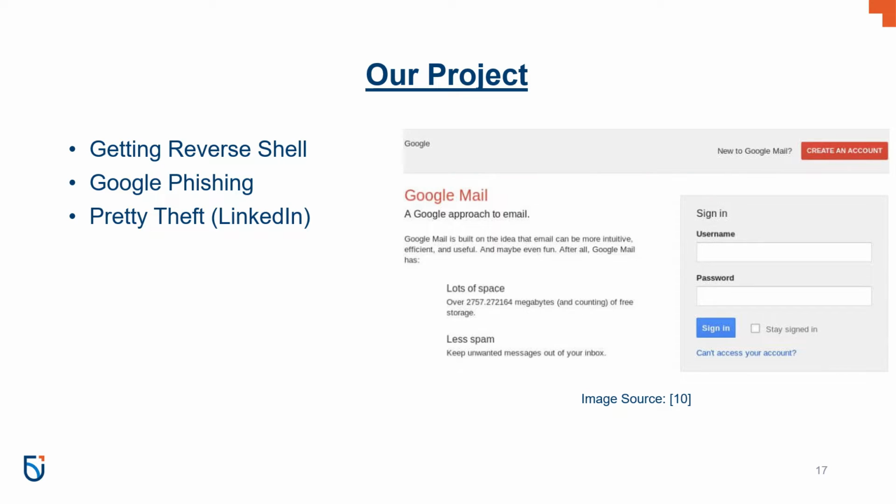But if they give the credentials and click sign in, the attacker PC will get the credentials, the username as well as the password. And with Pretty Theft, you can do it for Facebook, for YouTube, and LinkedIn as well. We did it for LinkedIn.